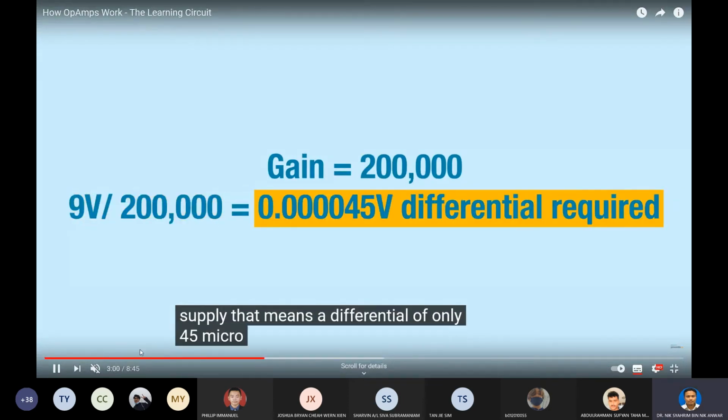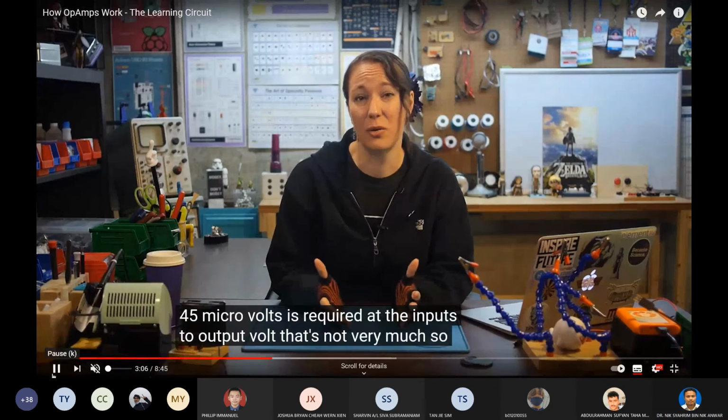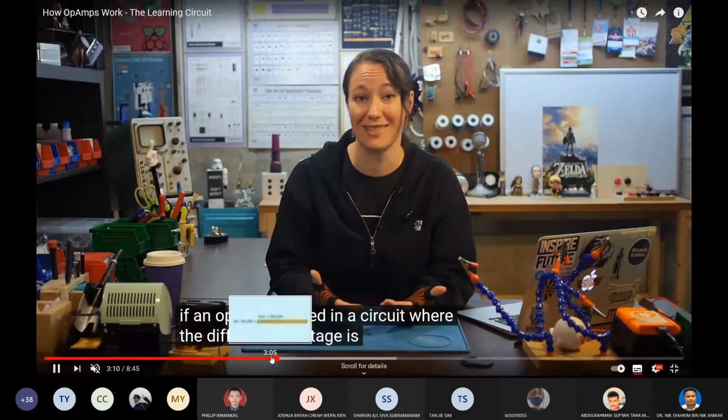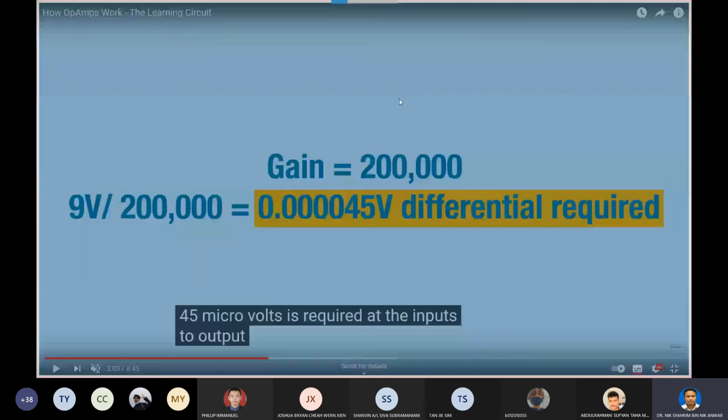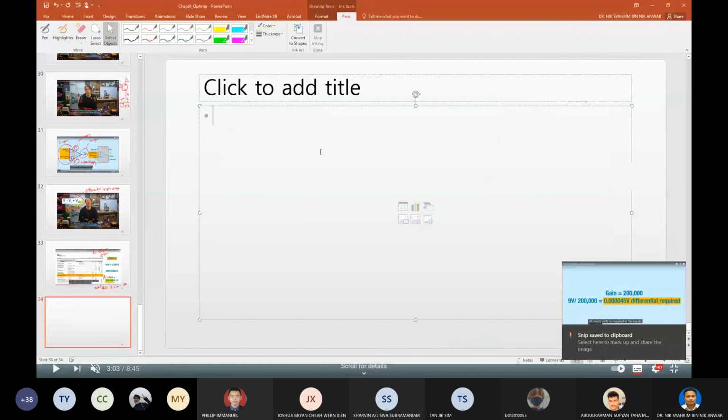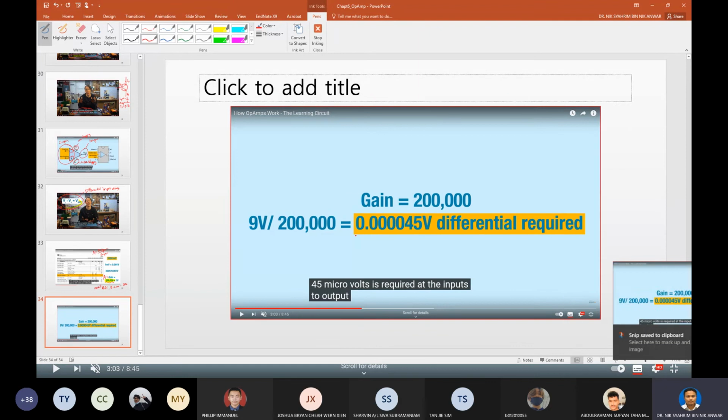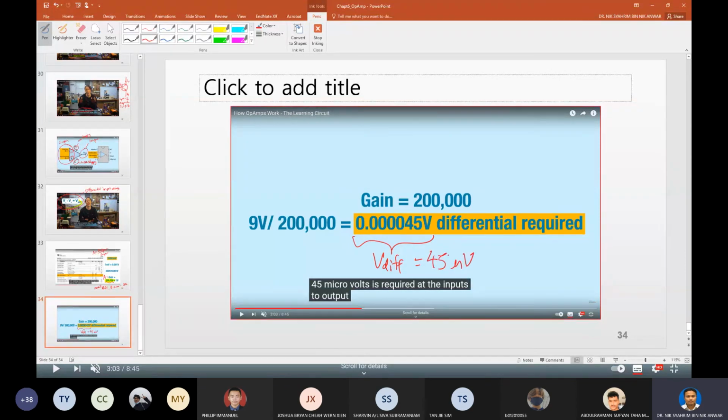So if you see here, 9 volt. What I mentioned here is an example where the voltage difference, V diff, is just 45 microvolt, and then V out will be gain multiplied by V diff.